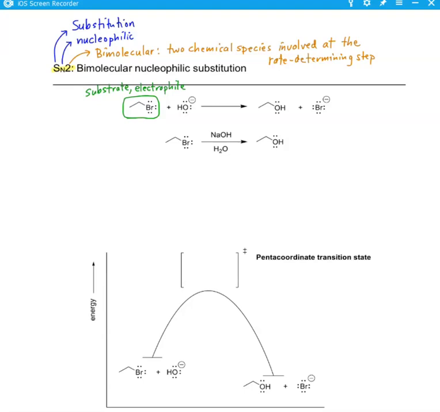It's going to react with the hydroxide ion, which will act as a nucleophile. The bromine, as we've seen in other examples, is going to play the role of the leaving group, which I'll abbreviate as Lg in the examples that we'll give.